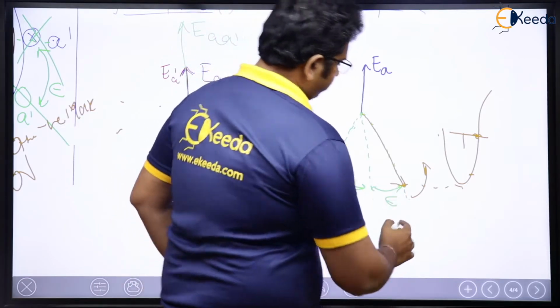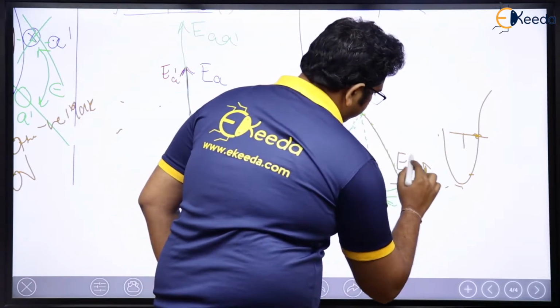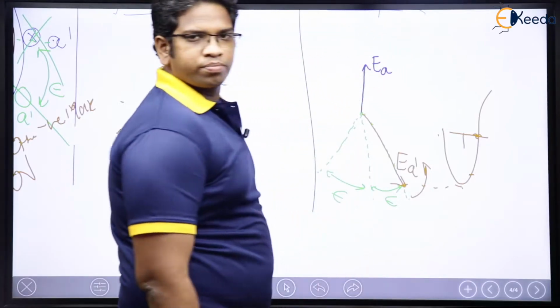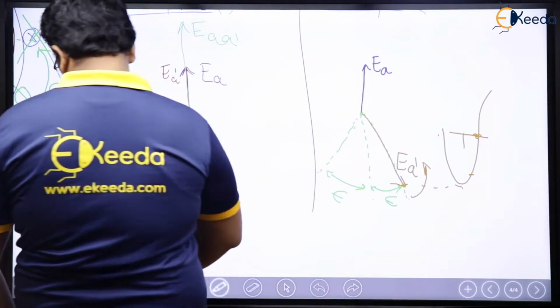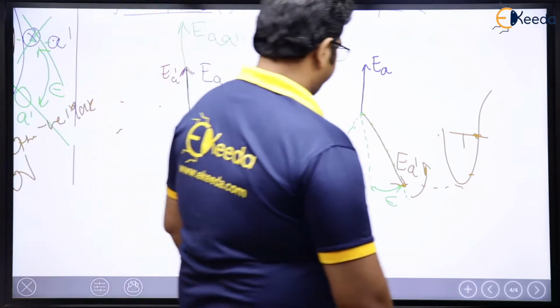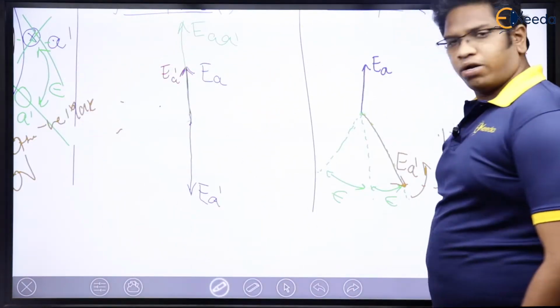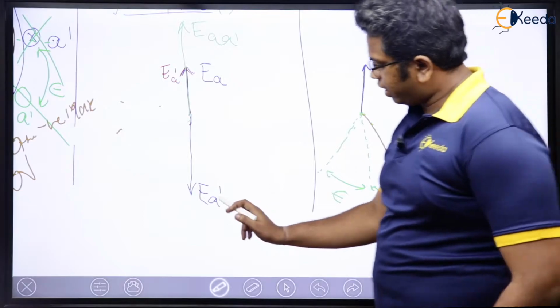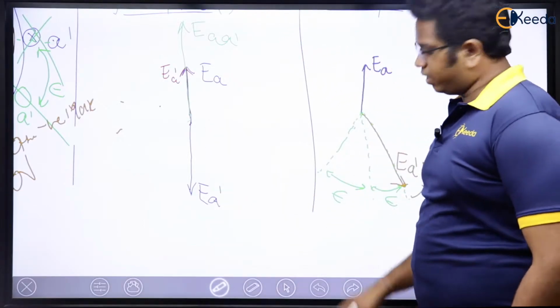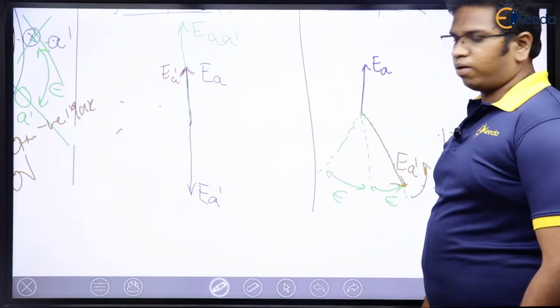So this is going to be EA dash. Now this angle is epsilon, because ideally if the conductor was here, then EA dash would have been here. So this angle is epsilon, no problem.